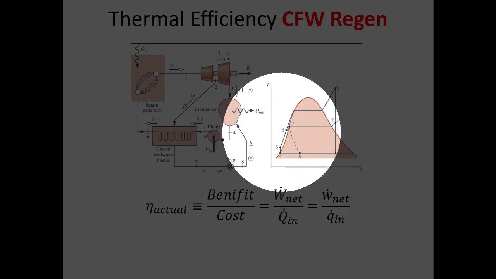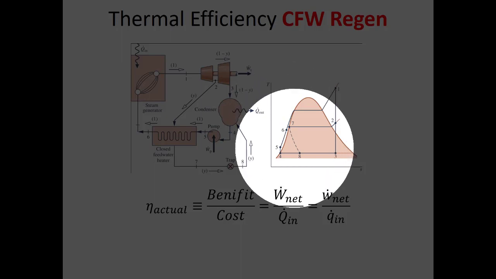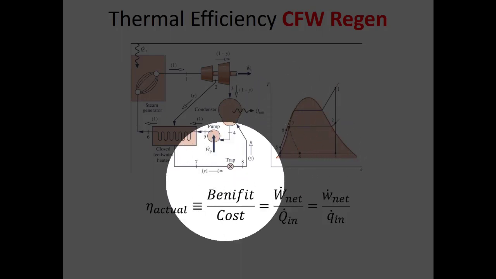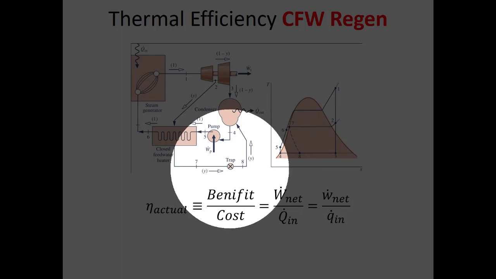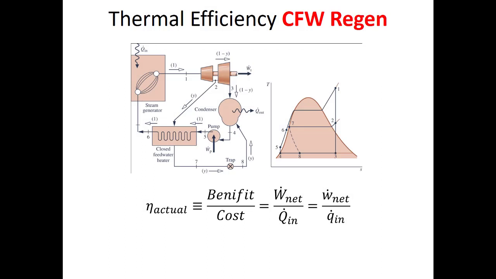So you can see on this TS diagram, as we go from H7 to H8, we're reducing the pressure. Now, the thing that we would assume about a trap or a valve like this is that it's isenthalpic, right? It's one of these words that you need your engineering decoder ring for.